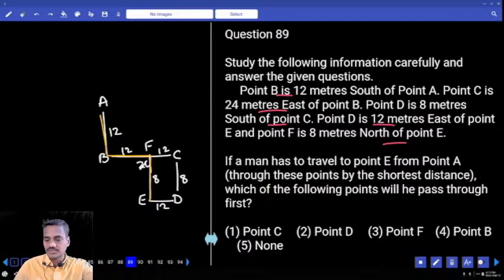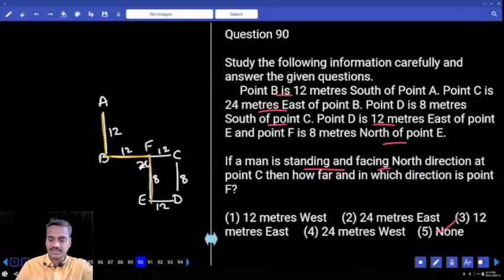Then coming to the question. If a man has to travel to point E, from point A he has to come to E. And which of the following points does he have to pass through? Now A to B, B to F, F to E. Out of which he first has to move through point B. Choice 4. 89. The next one 90.